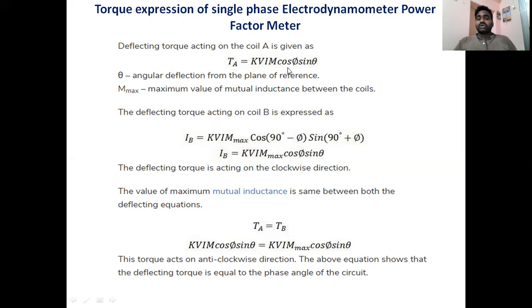Here it is cos of 90 minus phi, which is opposite to cos phi.